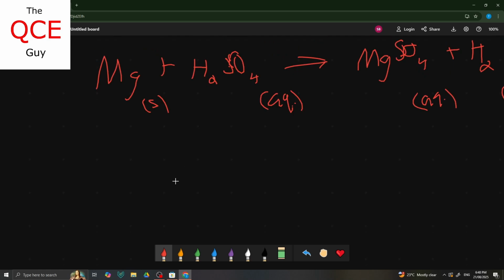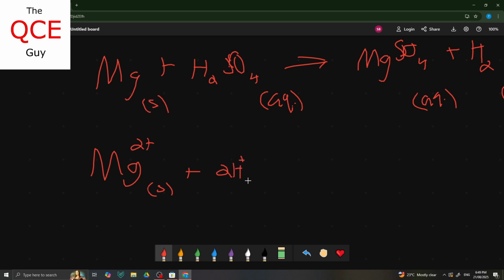So the full ionic equation that we can write would be Mg, and in this case you put on the charge of your ion. Magnesium is a solid, and then we're going to be reacting 2 hydrogen ions, 2 H+ ions.